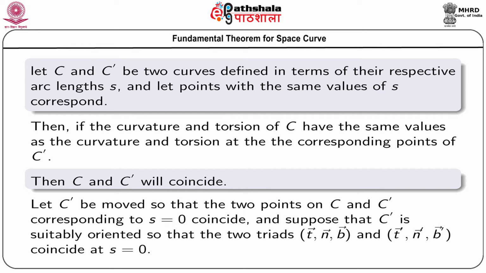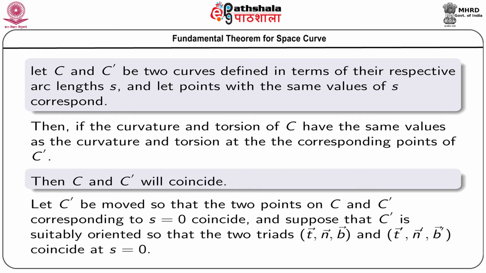Let C dash be moved so that the 2 points on C and C dash corresponding to s equal to 0 coincide. So, at s equal to 0, C and C dash have the same point, but for others they are different.